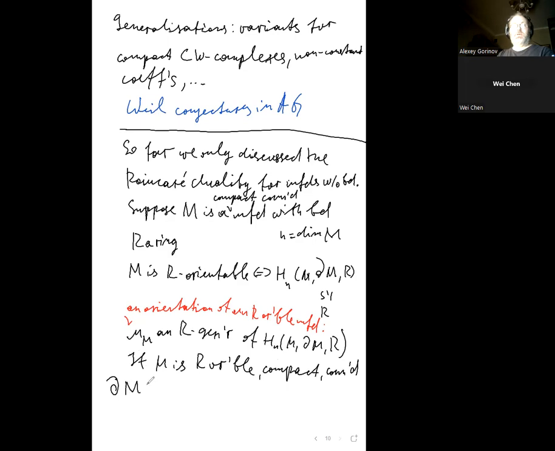Suppose the boundary dM is the disjoint union of submanifolds of codimension 0, basically of components.